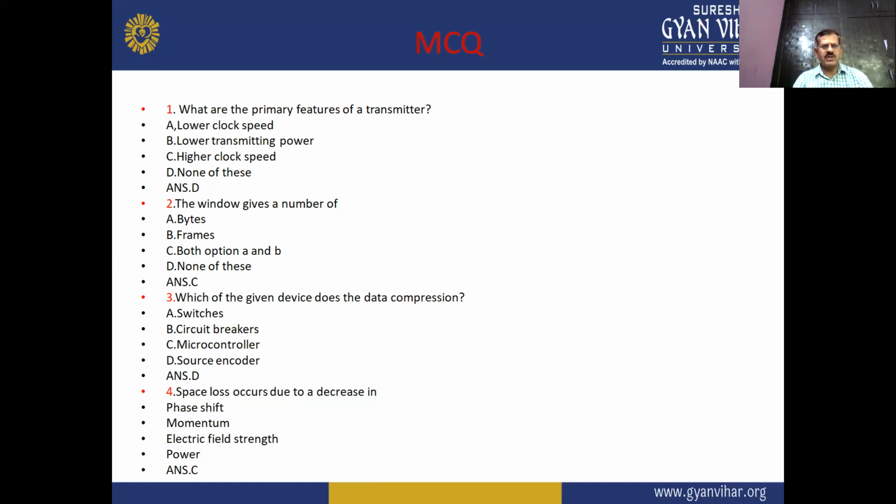The correct answer is D, source encoder, because the source encoder's function is that this device does the data compression.